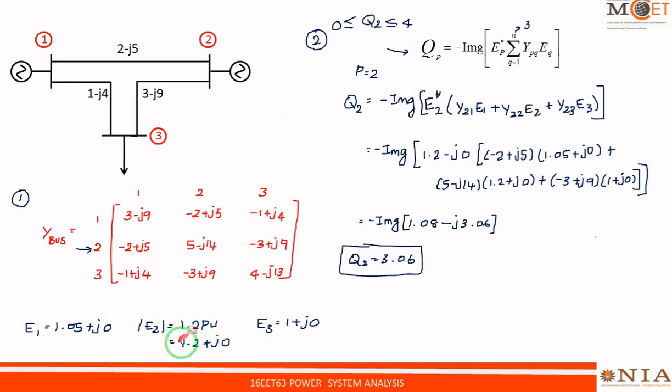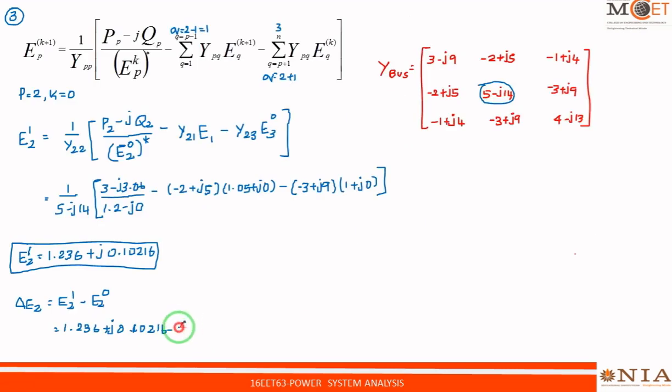E2 naught is 1.2 plus j0. So this becomes 1.2 plus j0, and this minus will come inside. So delta E2 is equal to 1.236 plus j0.10216 minus 1.2 minus j0.